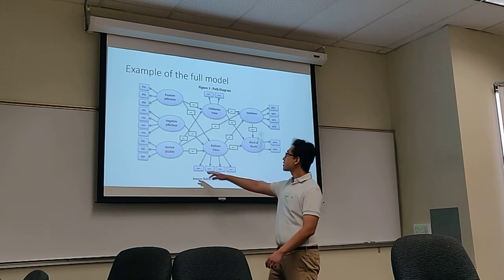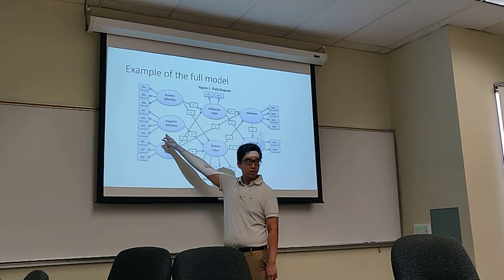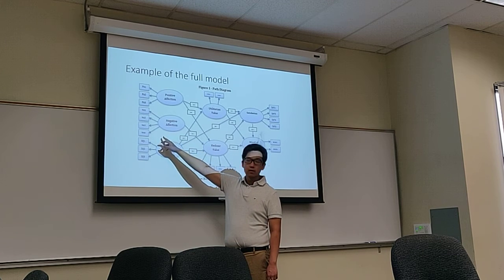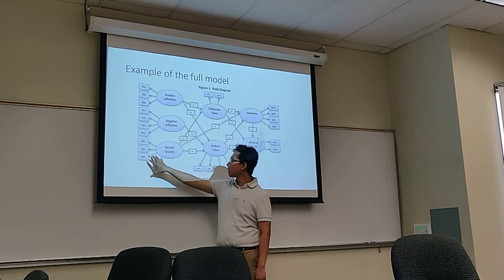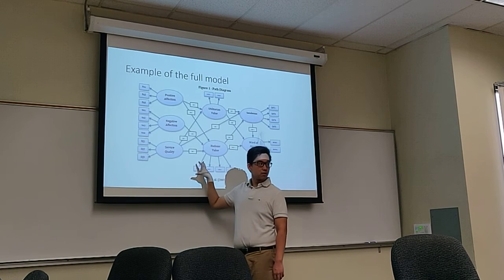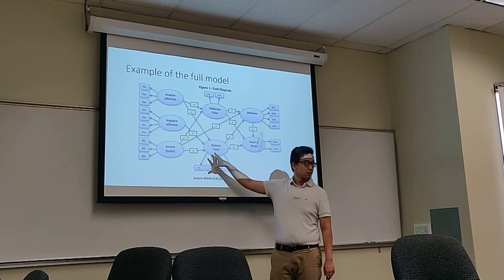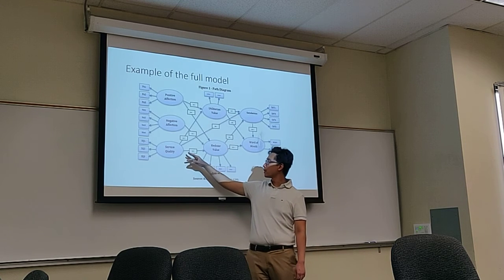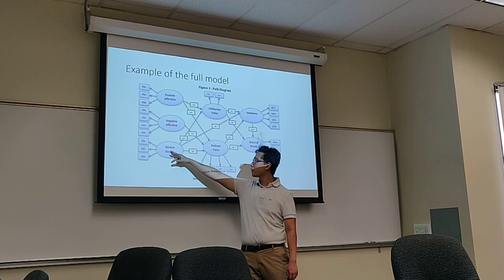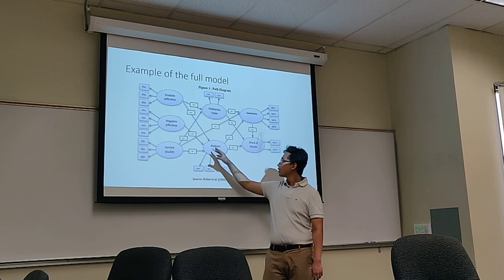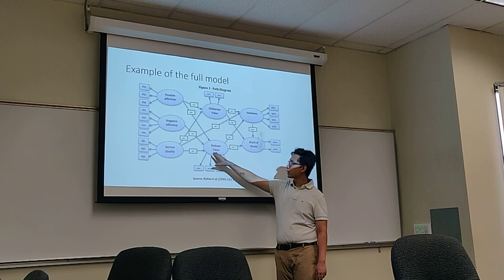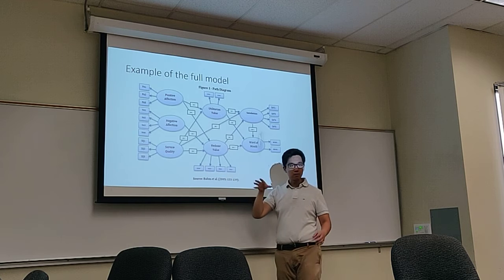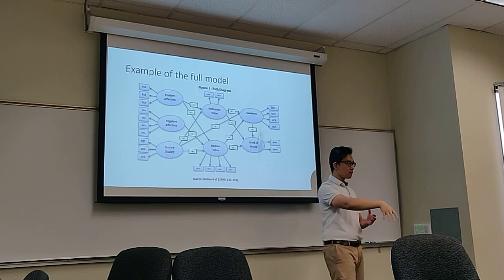So simply, these three are exogenous variables, because they are not caused by any other variables in this model. They are causing other variables, because the arrows start from them and point at other variables.